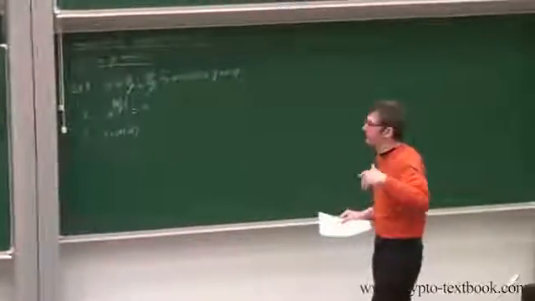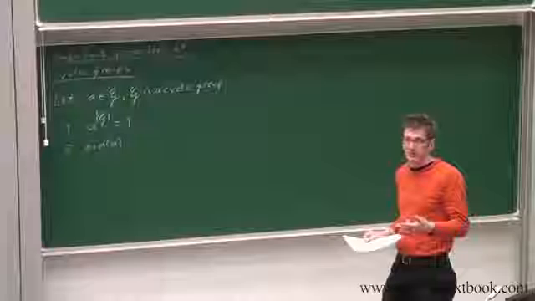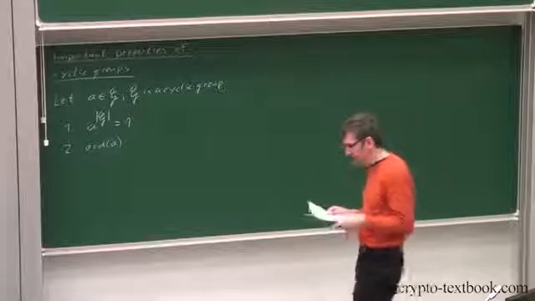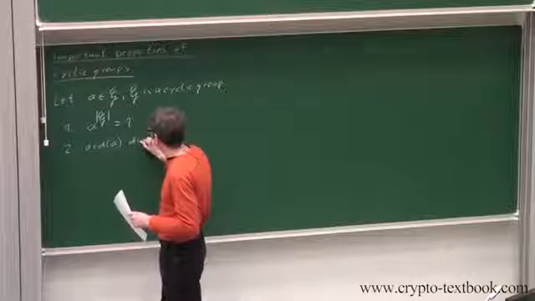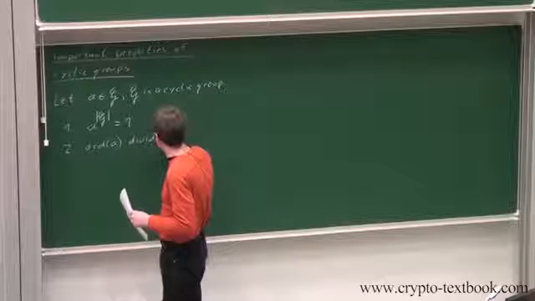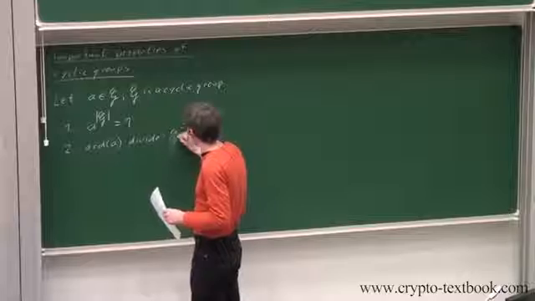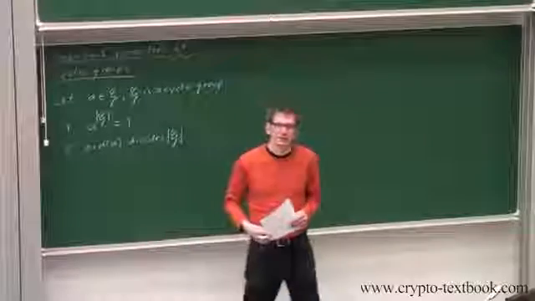Cyclic groups have a lot of structure, and not all orders are possible. Namely, the order of A must divide the cardinality of G.